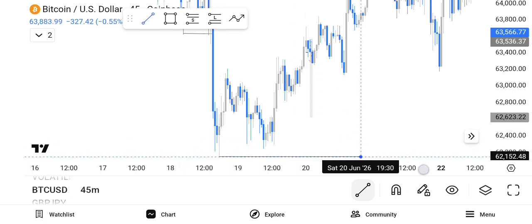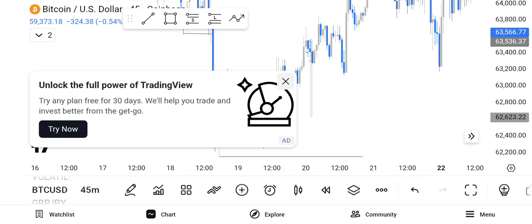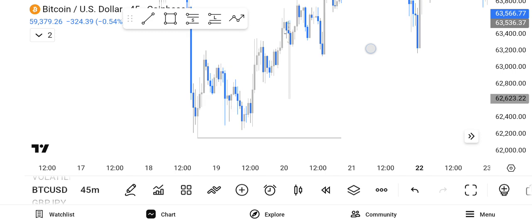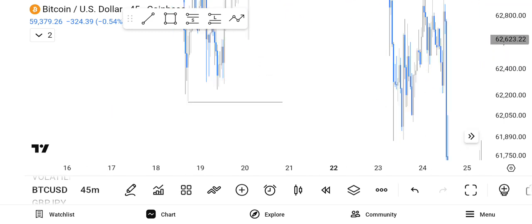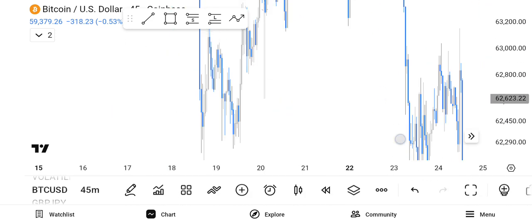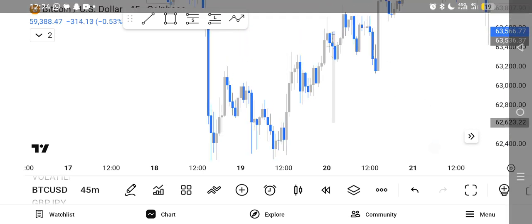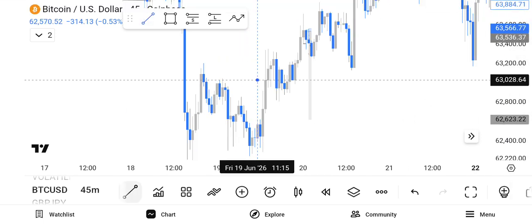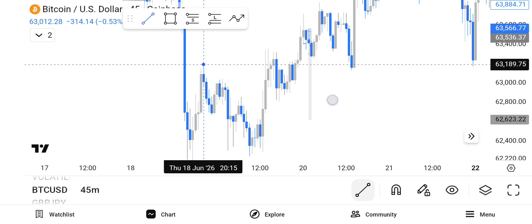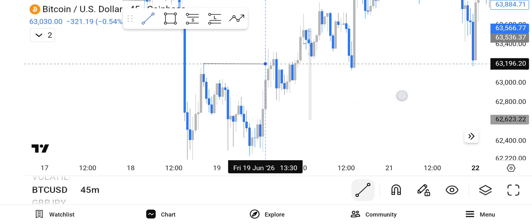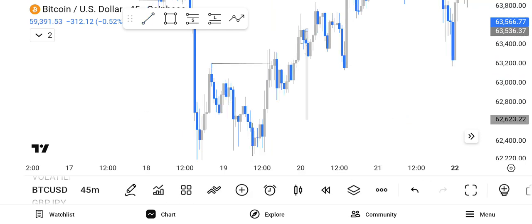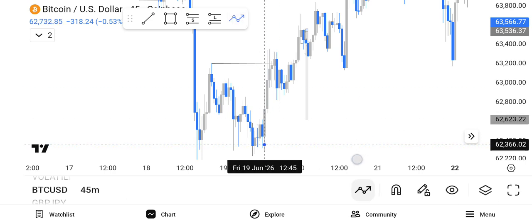Then the market came along to give us a break of this structure to the upside. We broke that higher low, making this point now a higher high.